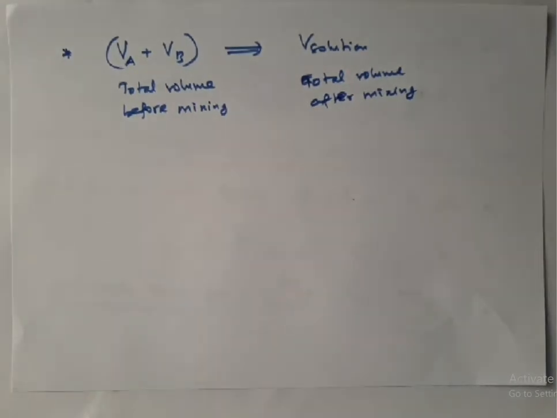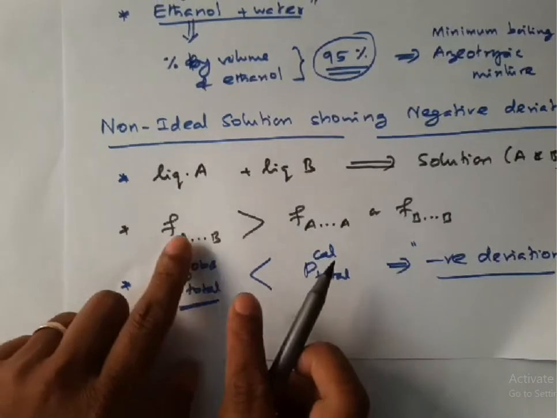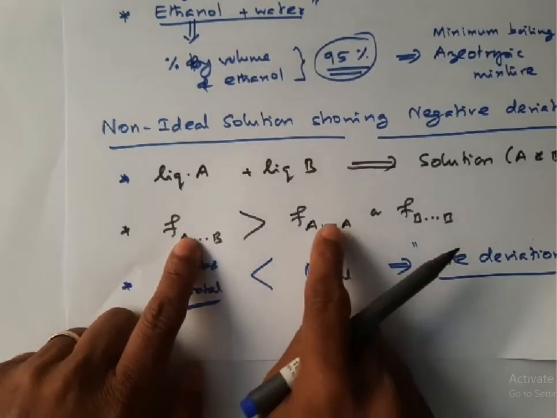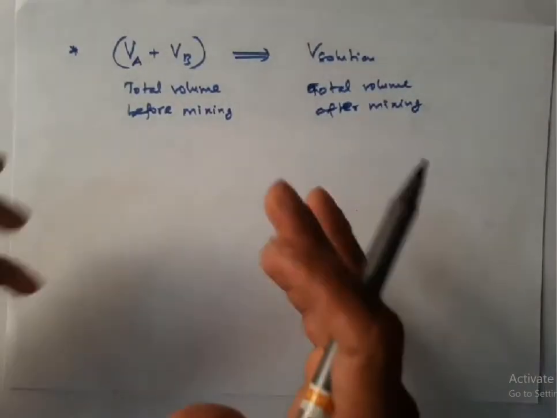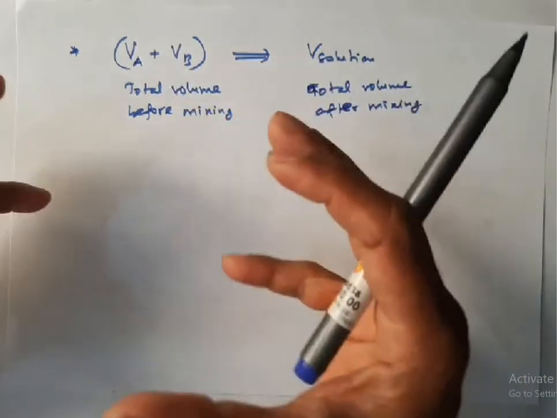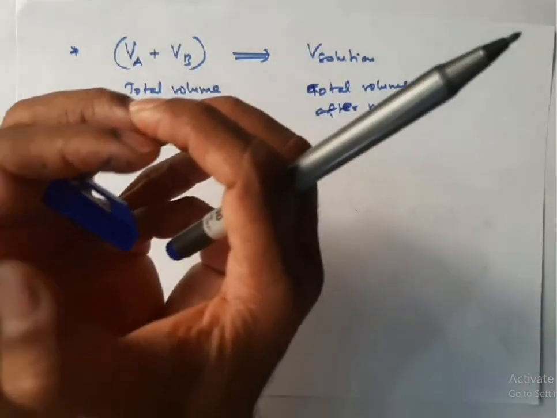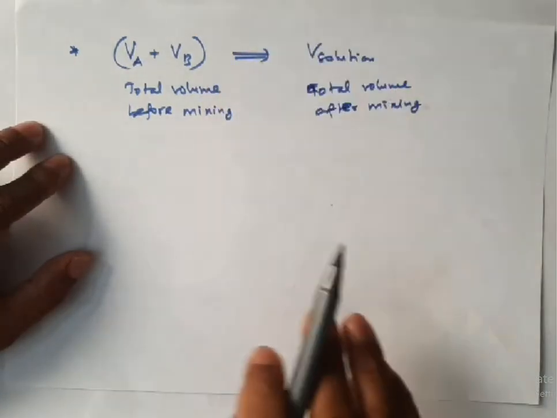If the AB attraction is strong compared to AA or BB, what will happen? The molecules come closer and closer, therefore the volume of the solution gets reduced.